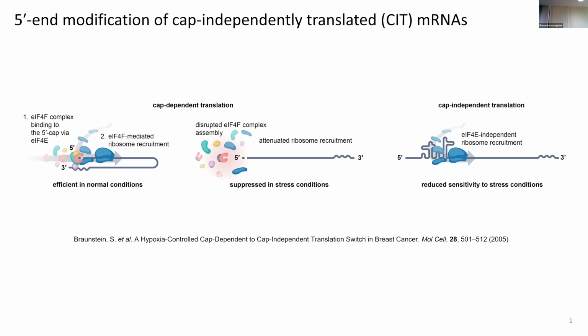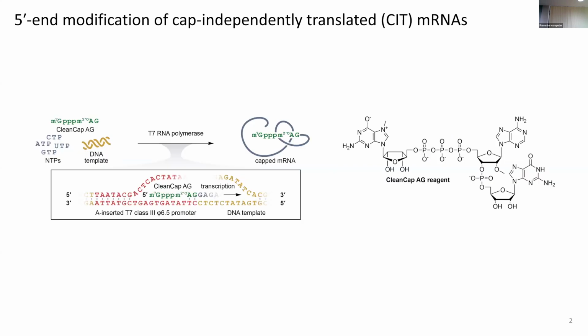So we aim to improve the properties of the cap-independently translated mRNAs, and we look at the 5' end. We took inspiration from the way the 5' cap is introduced to capped mRNAs.